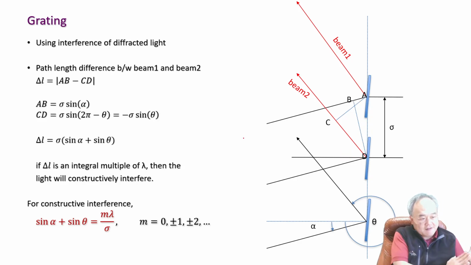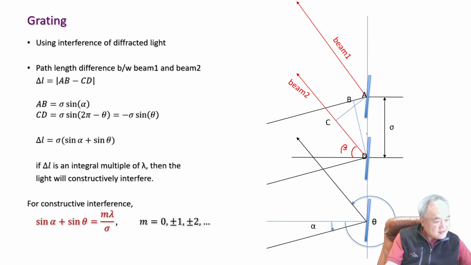Then after reflection, beam 2 needs to travel this much, the length CD, to get into the same phase as beam 1. For CD, let's call this angle beta.